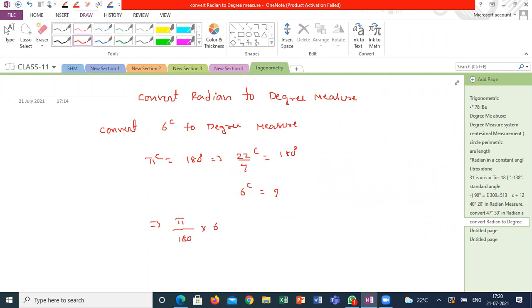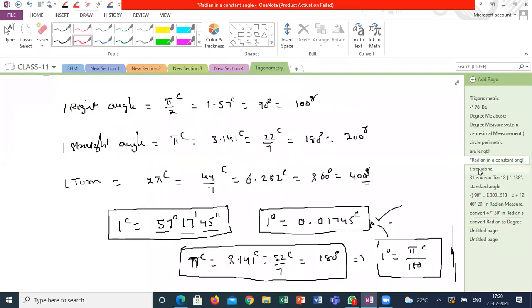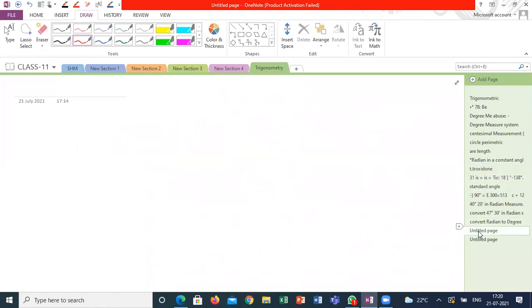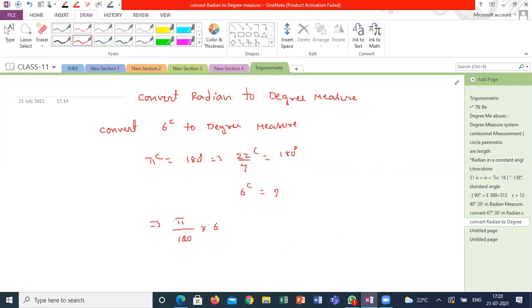So how much are you getting here? Sorry, 180 by pi or pi by 180? 180 by pi. So 180 by pi into 6 radians. How much are you getting?